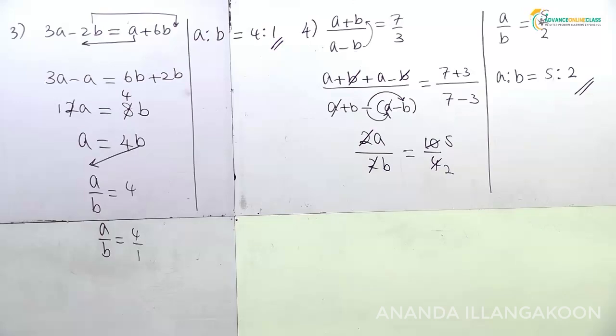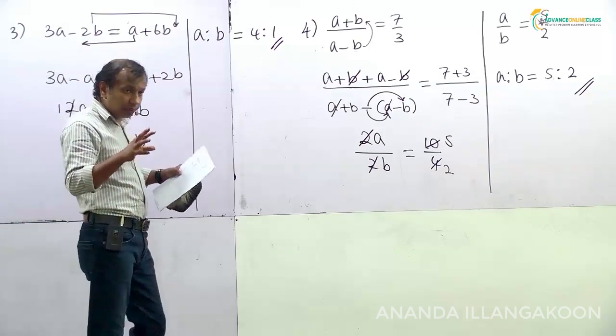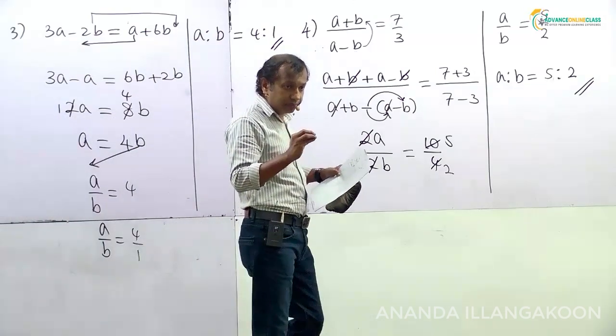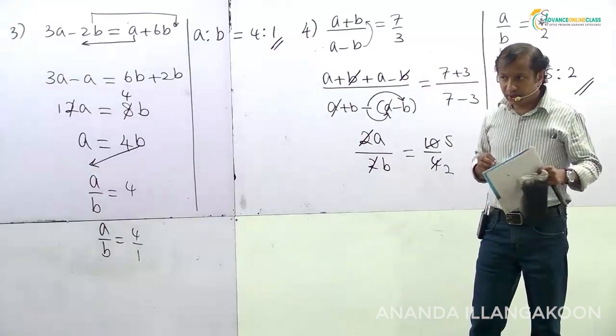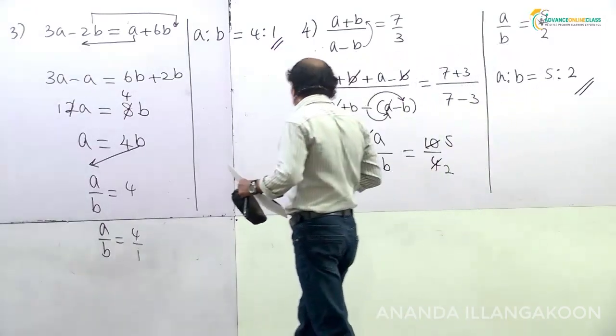Solve the following equations using the properties of proportions. Solve means, in the given equation there is an unknown algebraic letter, and you are asked to find that letter. That's the meaning of solve.